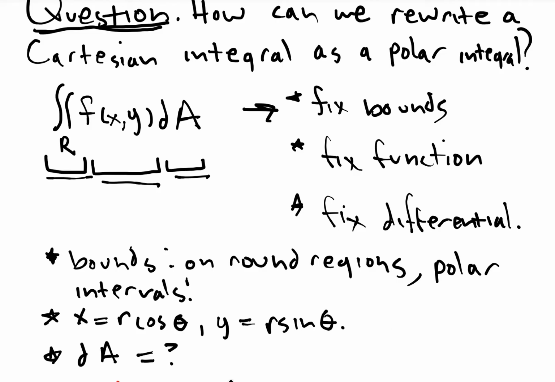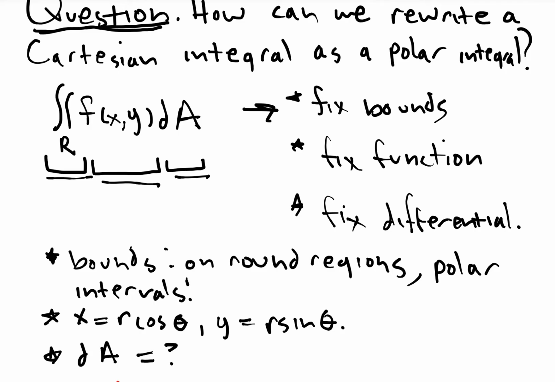I need to figure out some sort of way that I can port my differential over, because it's maybe not clear how to convert it. I gave you guys the formulas for transitioning between x and y and r and theta, but changes in x and changes in y, how do those correspond to changes in r and changes in theta? That's going to take a little bit more work to suss out, right?